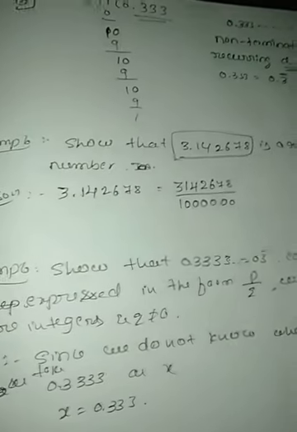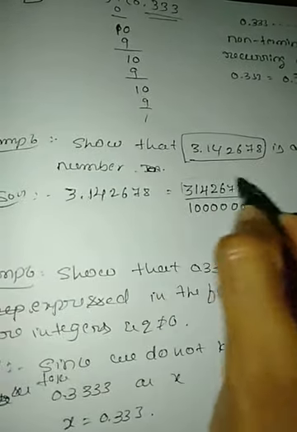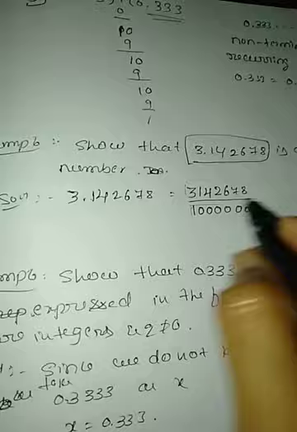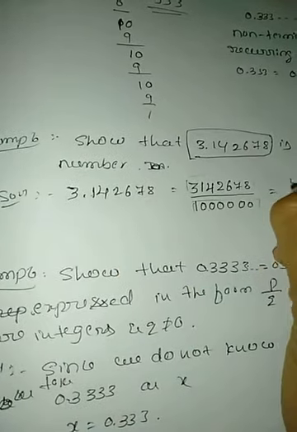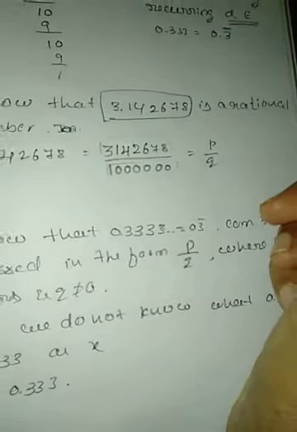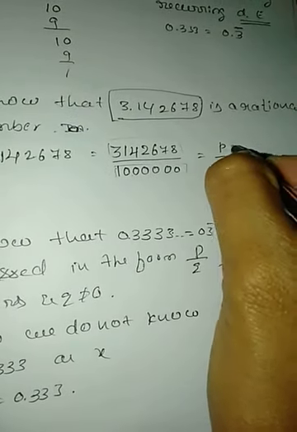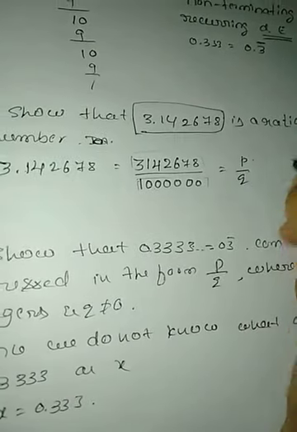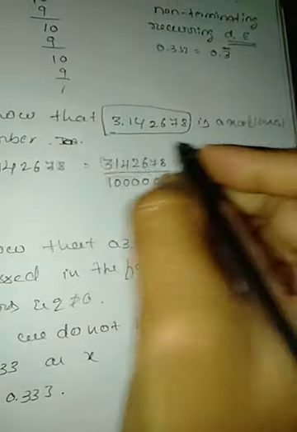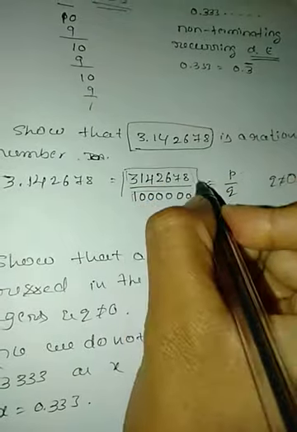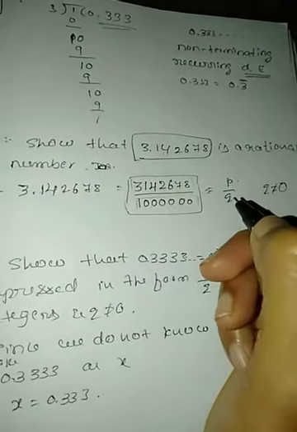So when we divide this number by this, we will get 3.142678. So this can be represented in p by q form, where p and q are integers and q must not be equal to 0. This is the representation of rational numbers.